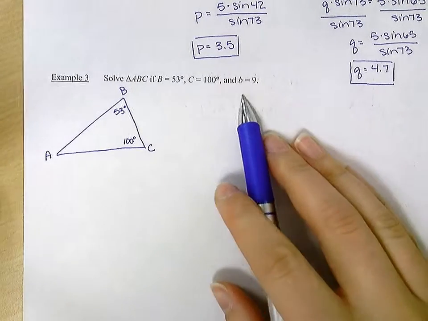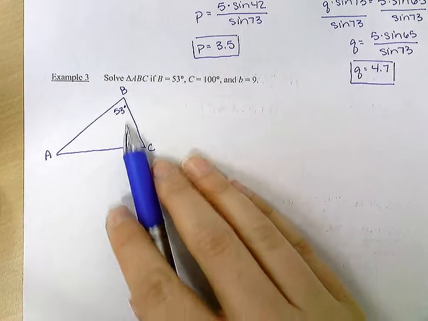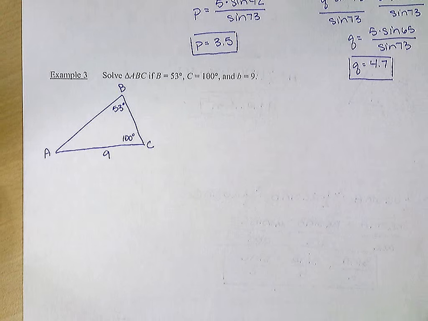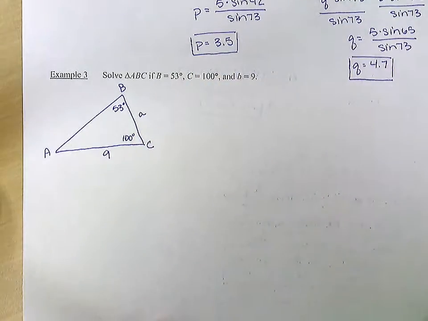So where's lowercase b on my triangle? Across from angle B. Right there. Okay, so I need to find angle A, I need to find lowercase a, and I need to find lowercase c. So angle A, lowercase a is opposite that.